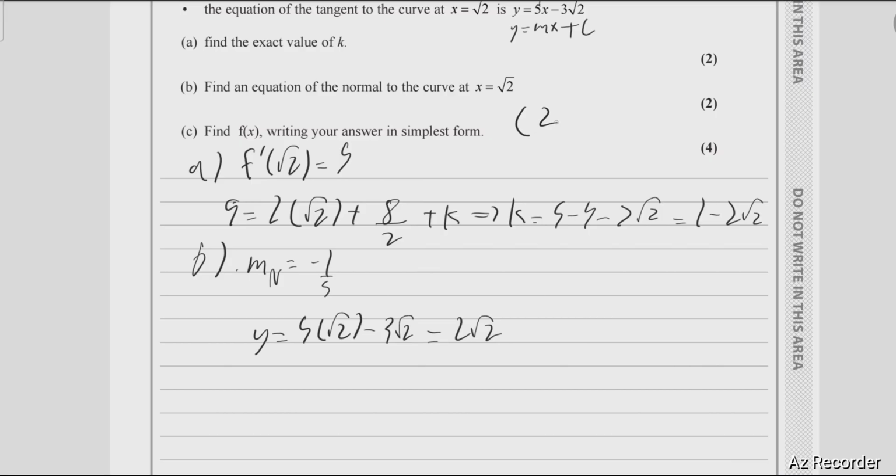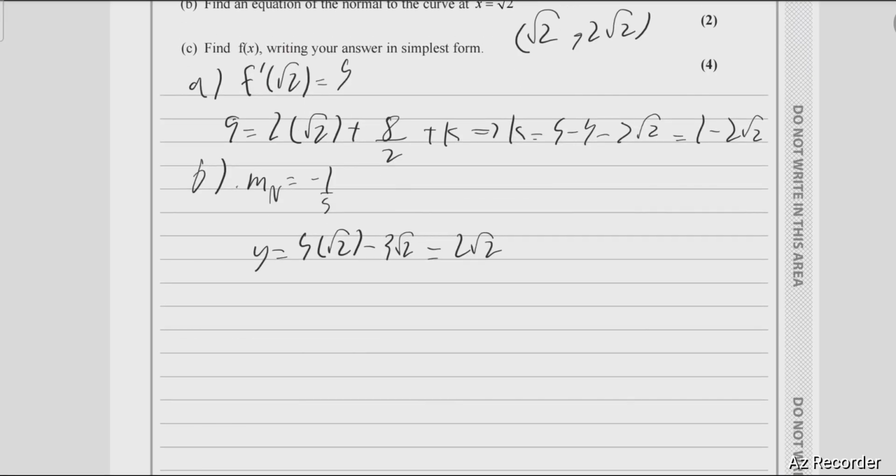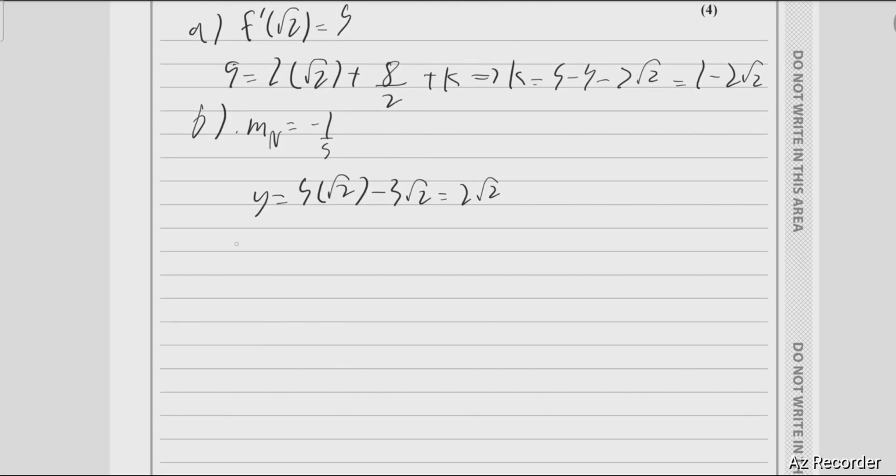So the point is root 2, 2 root 2. So y equals negative 1 over 5 x plus c.